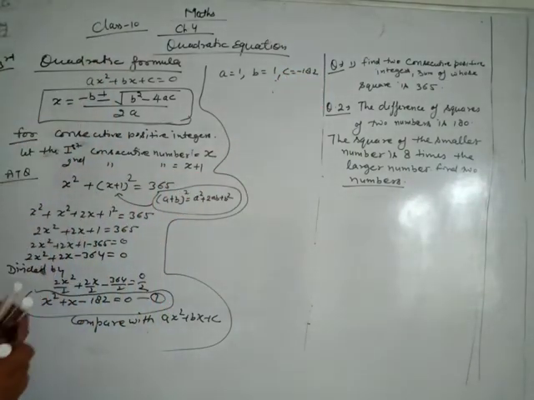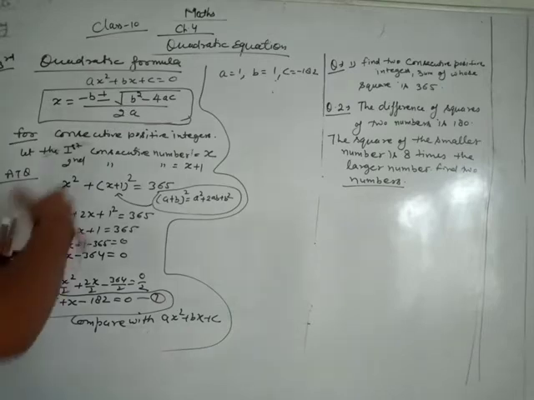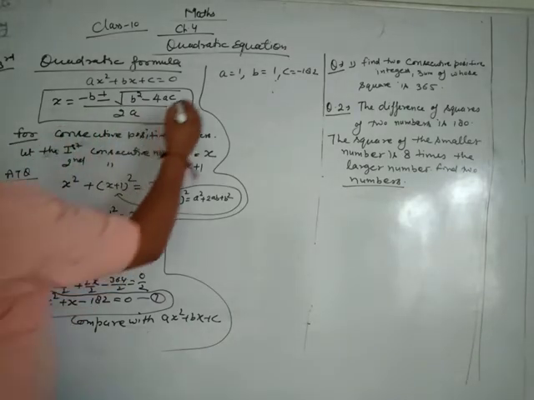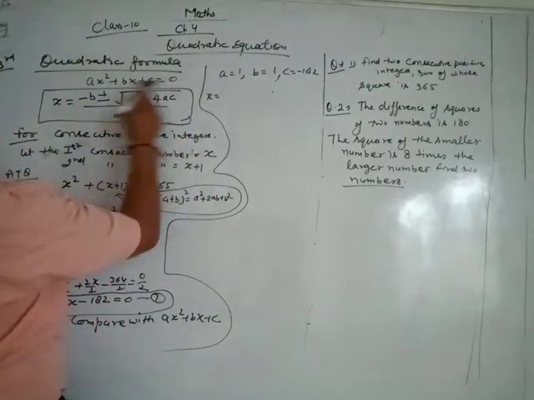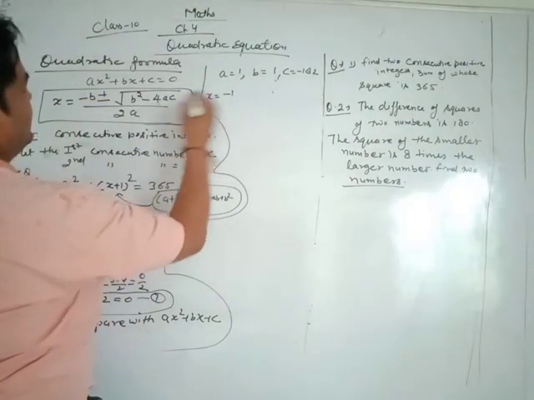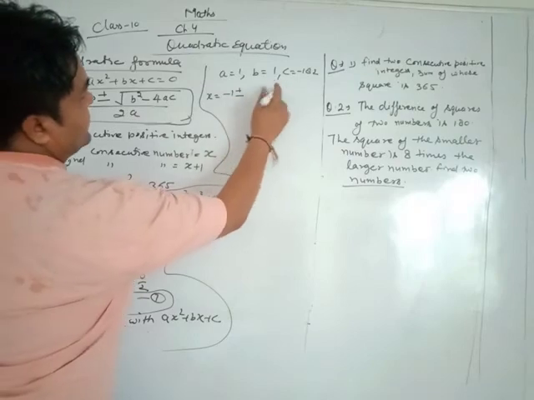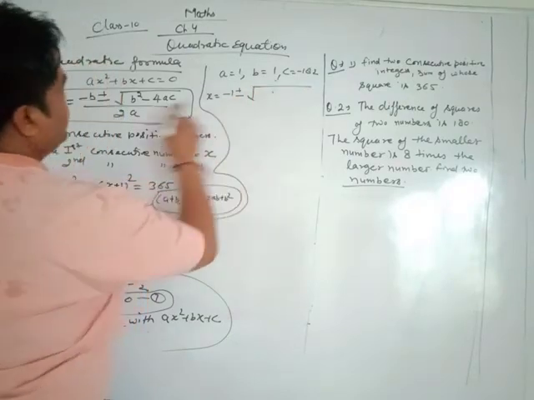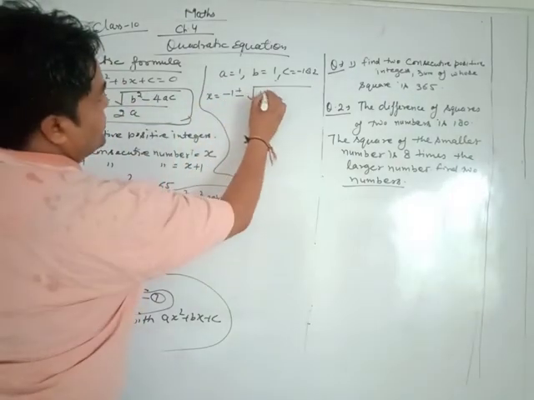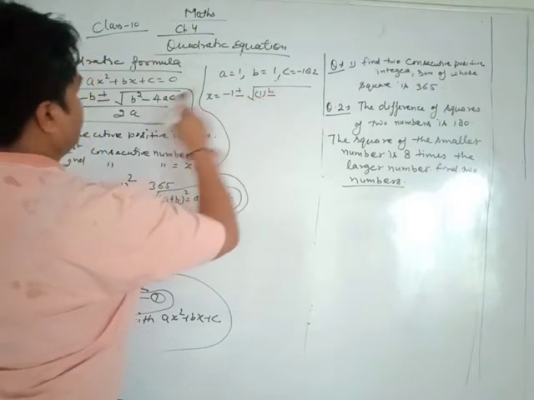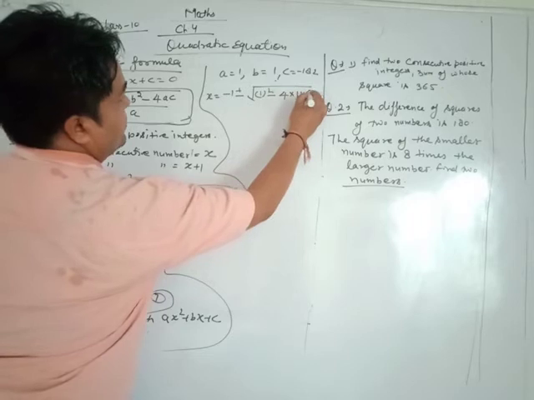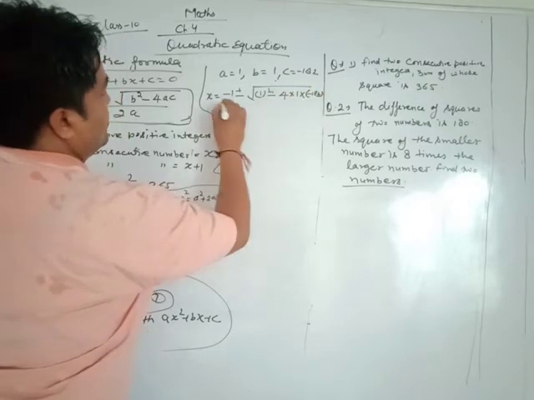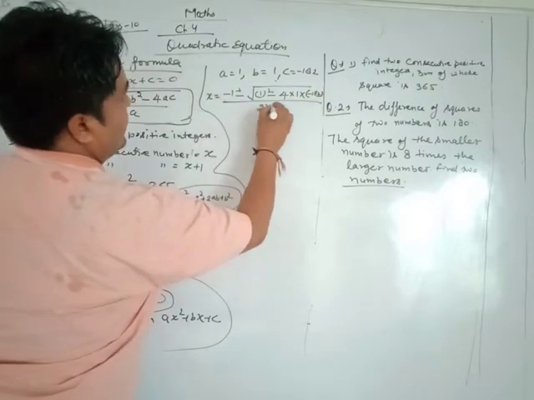So now use the quadratic formula: x equals minus b, which is 1, so minus 1 plus or minus root of b square, that means 1 square, minus 4, with a equal to 1 and c equal to minus 182, upon 2 multiplied by 1.